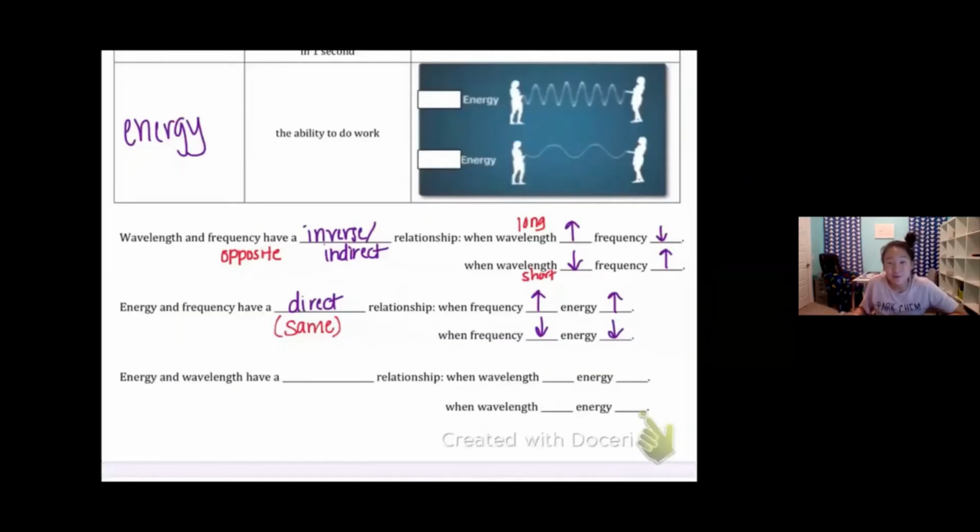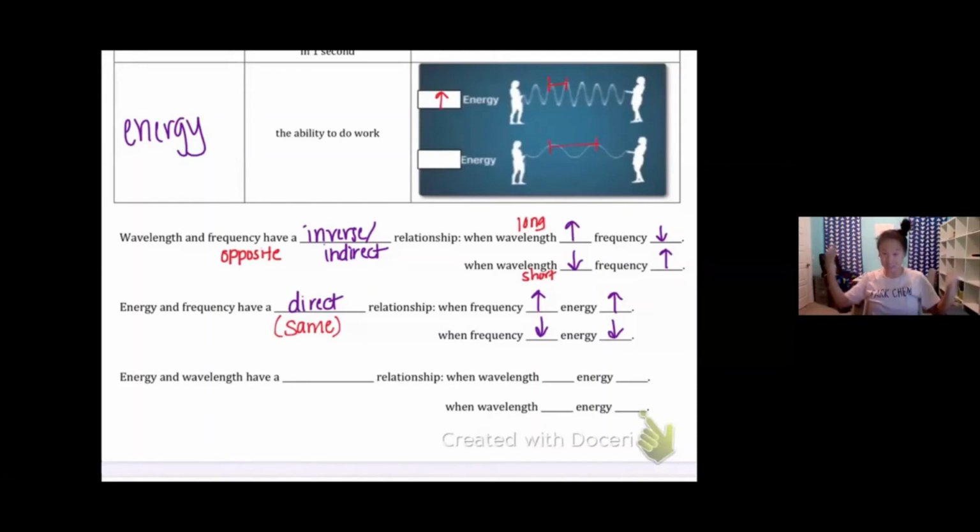So what does that mean when we're trying to compare energy and wavelength? Let's look at the picture again. When the length is very short, that means it's going to have high energy, because it's happening more often. The length is very, very short, so it's going boom, boom, boom, boom. That means it's high energy. But here, if you look at the length, it's very long.